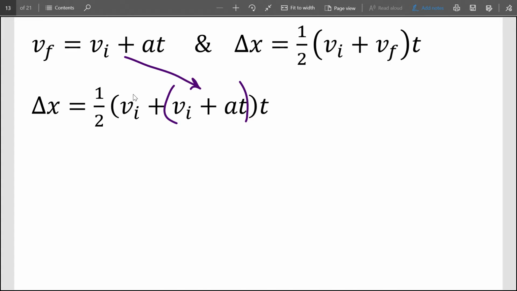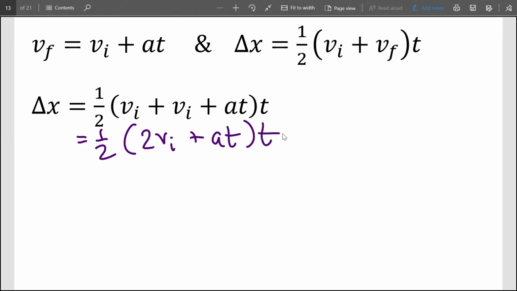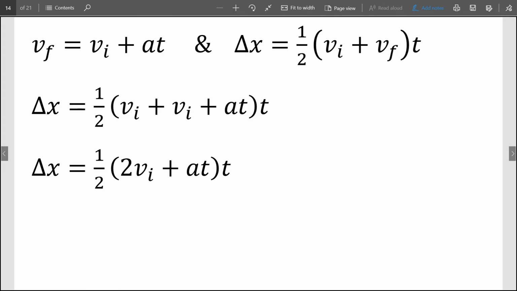And if I want to do a little bit more algebra on here, I end up with 1/2 times 2VI plus AT, times t. So I'm just adding those two. And there it is right there. Now, what do I want to do? I want to multiply this out.